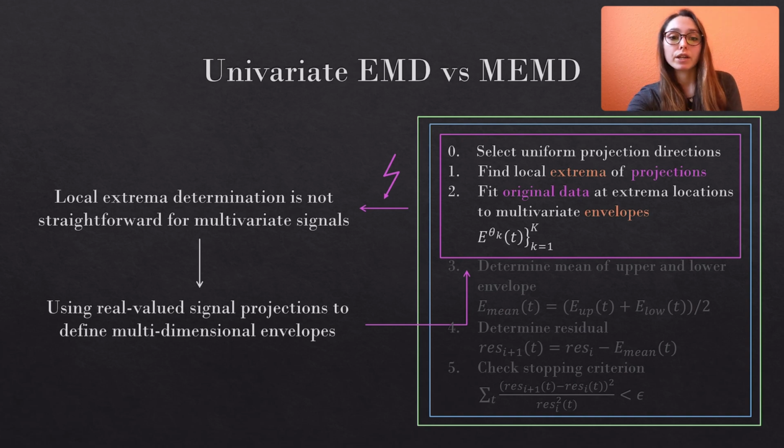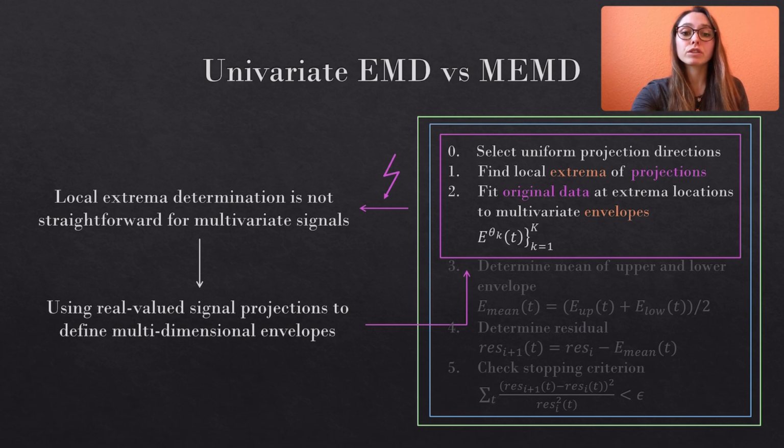We project our data along these directions, and then we can determine the local extrema of these real valued projections. Now, this is important. We do not take the values of these extrema to determine our enclosing envelopes. Instead, we take the values of the original multivariate data at these extrema locations.